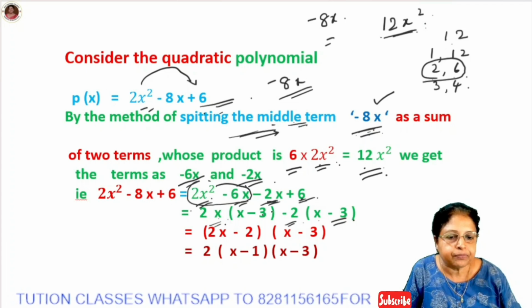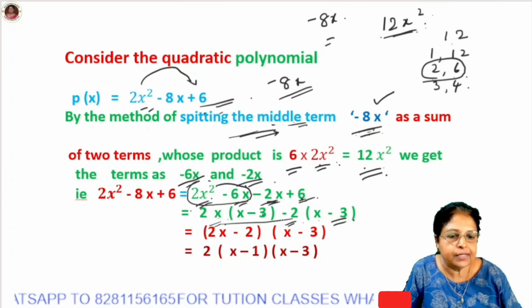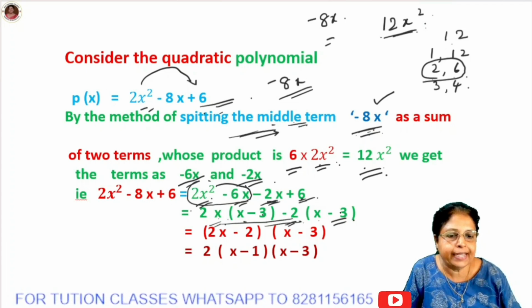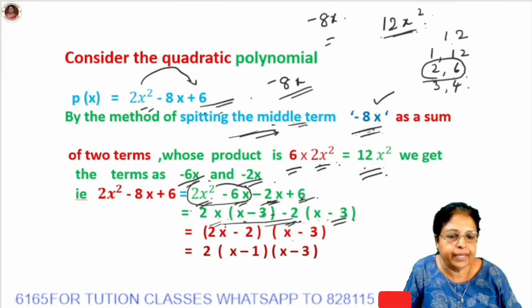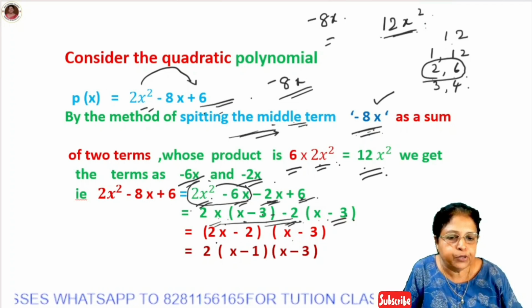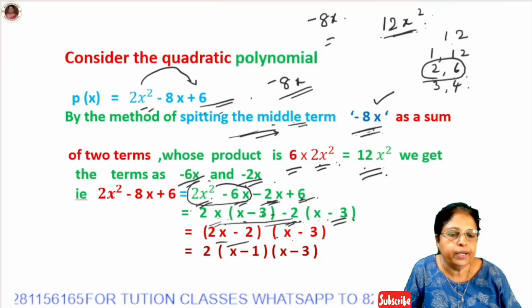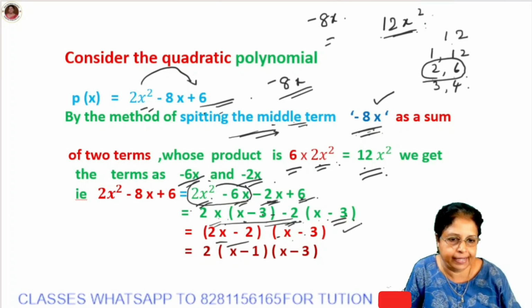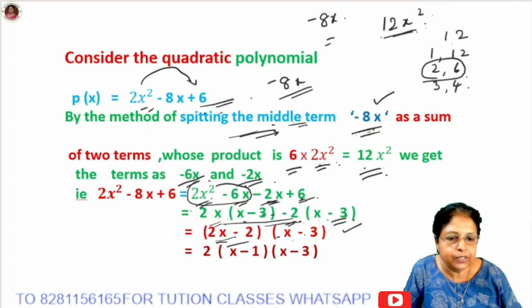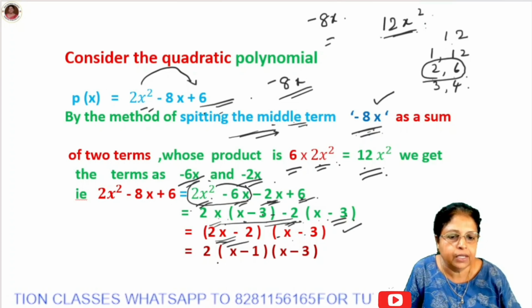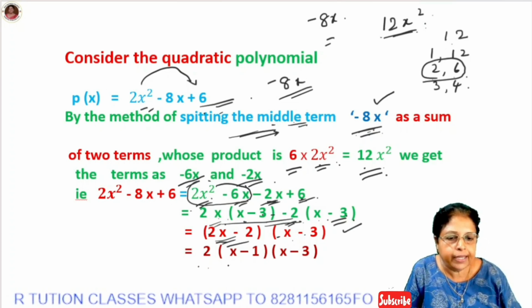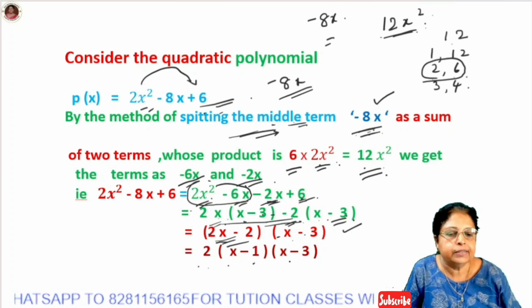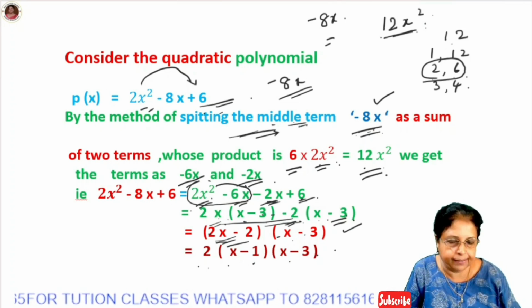So if you consider this, x minus 3 is common here, then we can take it outside, then we will get 2x minus 2 times x minus 3. Okay. Here again you can see 2 is common here, so 2 is taken outside, we get 2 times x minus 1 times x minus 3.